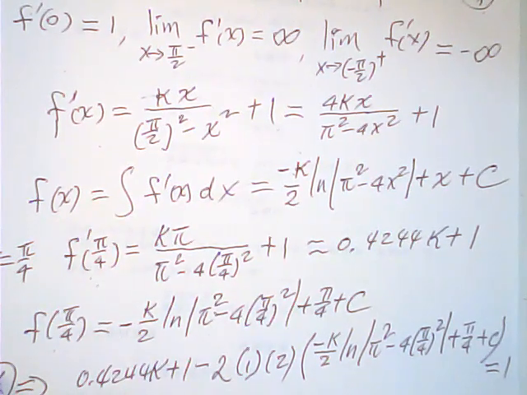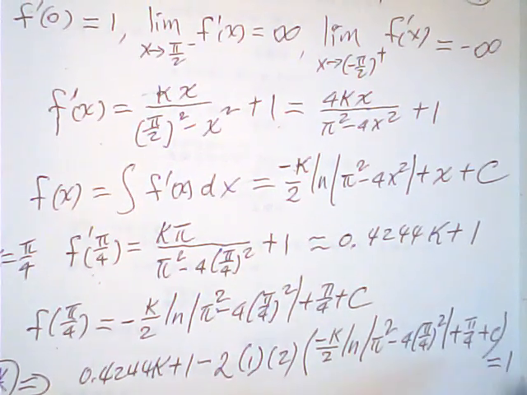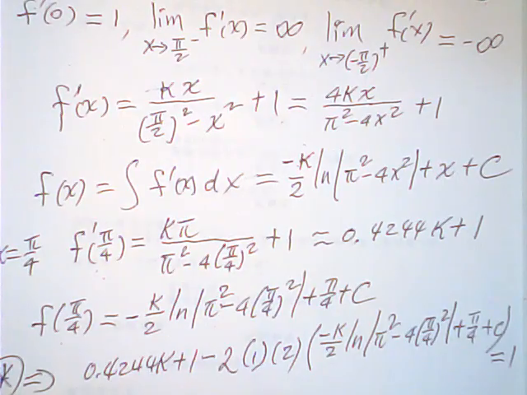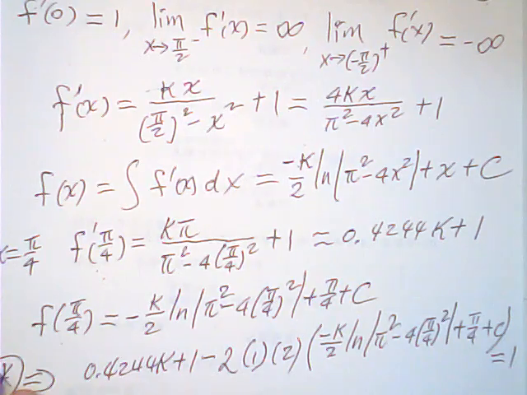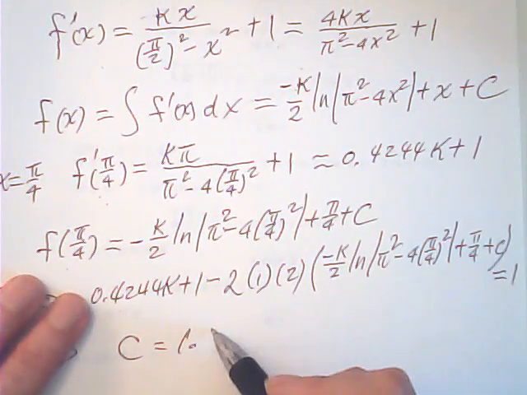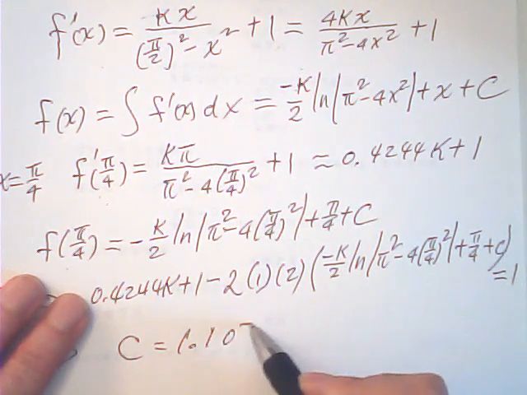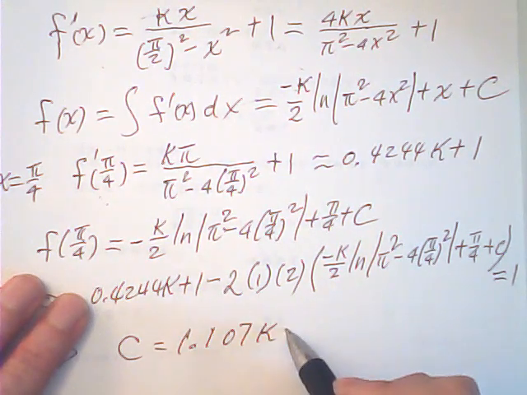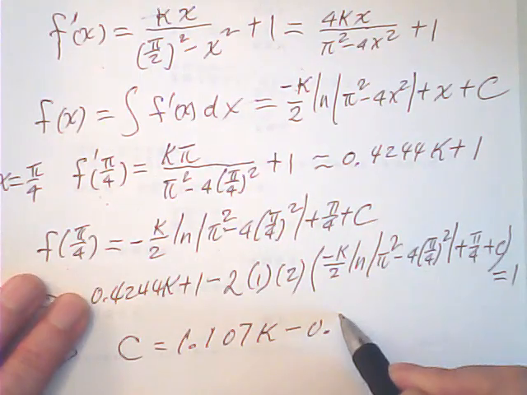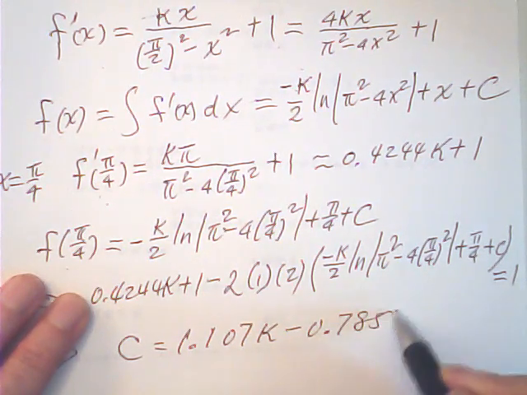And from this equation, I can simplify into c is equal to 1.107k minus 0.7854.